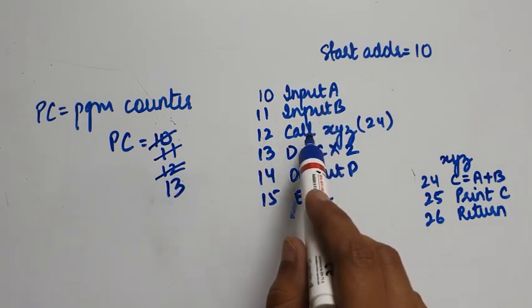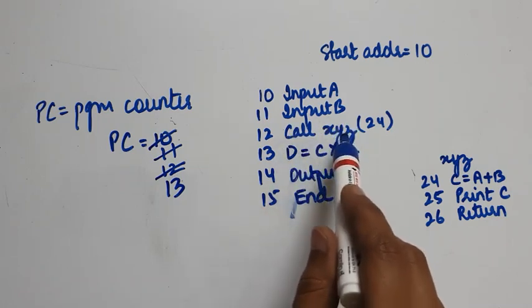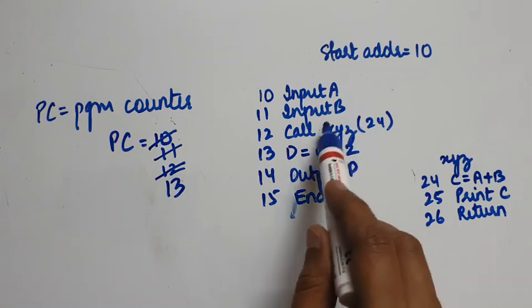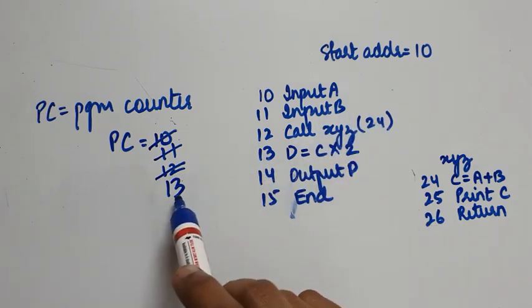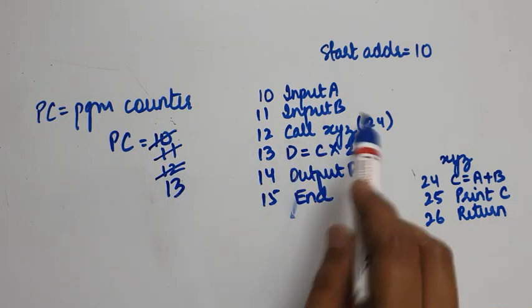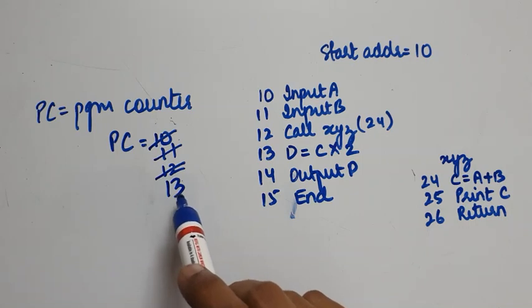But when this instruction is executed, it is a call instruction. The call instruction's syntax is that the address of the subprogram is required to be written on PC.